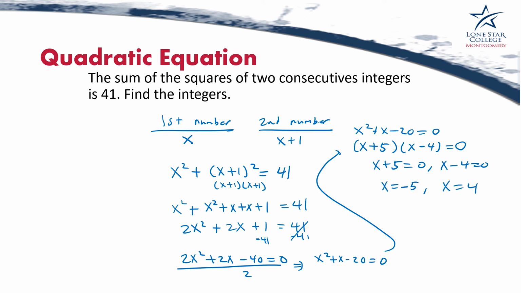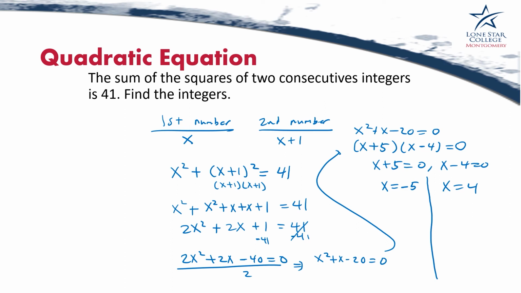So now we have to consider, what does x represent? x represents our first number. In this case, we have two instances basically. The first instance is when x is negative 5 as our first number, and the second instance is if 4 was our first number. So we can't have a split here.